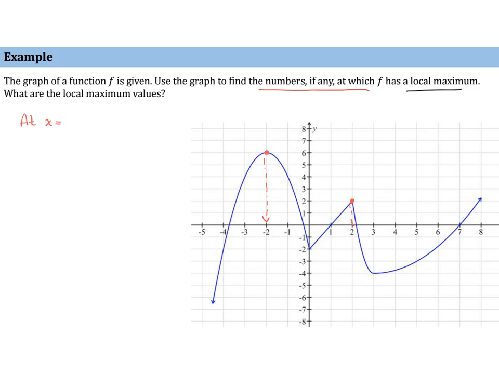So at x equals -2, we have a maximum of, and now what is the maximum value? 6. And then likewise, at x equals 2, we have a local max of 2. I should probably be more careful and say these are local.